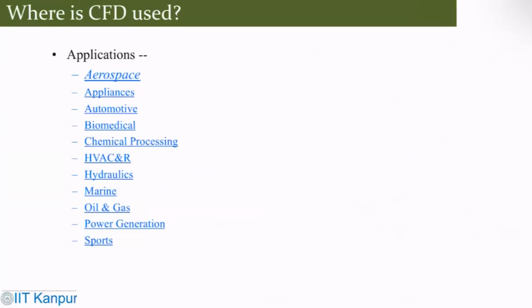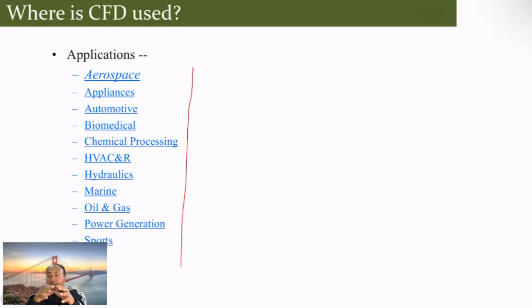Now if you see, the application is everywhere, whether you talk about aerospace, appliances, or the automotive industry, pretty much every industry. That's what I started with, that nice picture showing different examples of the role of CFD or CAE tools in different areas. Its complete spectrum is quite huge. Different sectors heavily use it.